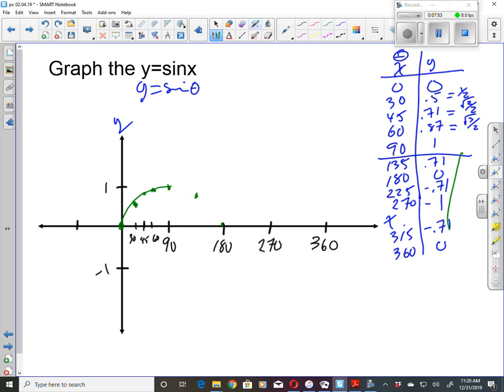I'm going to come down here to -0.71 to -1, back to -0.71, and then back to 0. If I follow that process, I end up with this curve right here. And this is a repetitive curve. In reality, this will continue this direction, this will continue this direction, and we've got our sine wave.